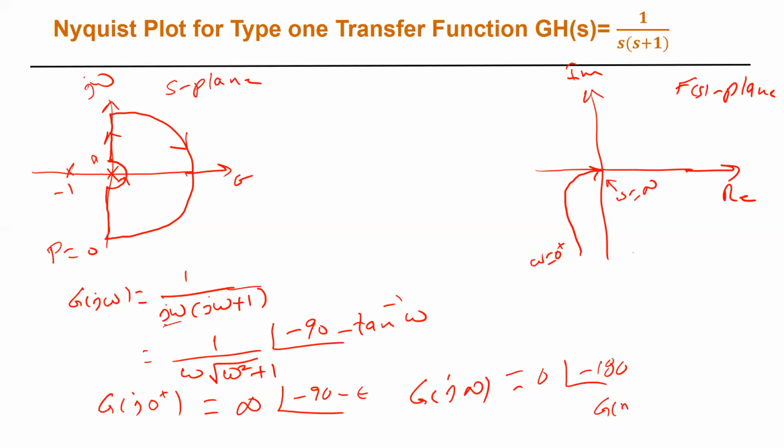G of j1, the magnitude is 1 over root 2, isn't it? Yes. What about the angle? This is minus 90 minus 45, so minus 135. So it's going to be somewhere in here, in the third quadrant, isn't it? Yes. Which means that you are moving in this direction.